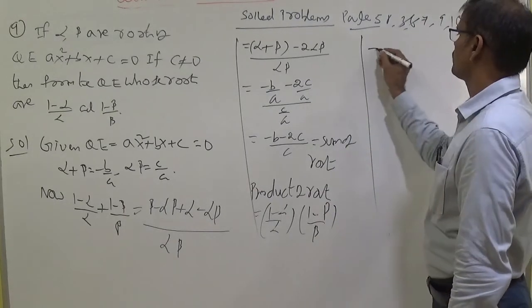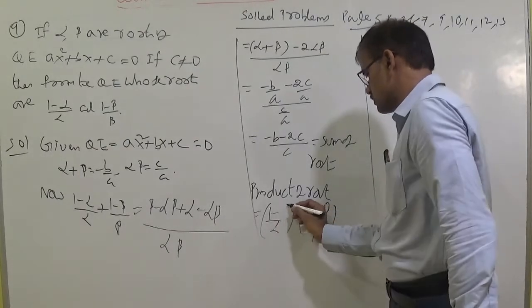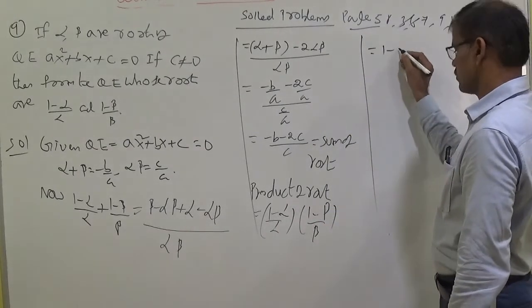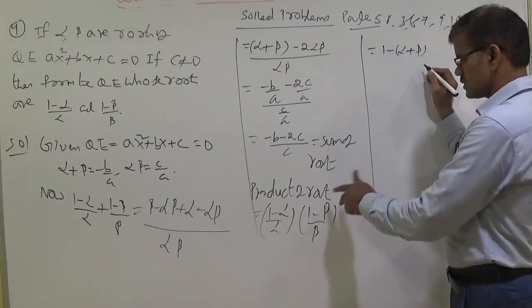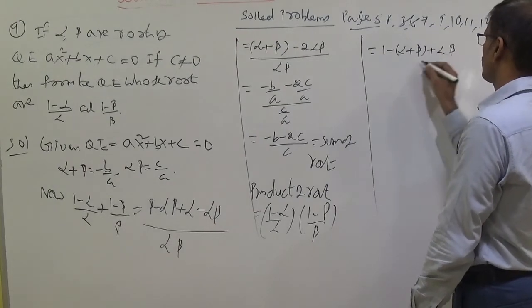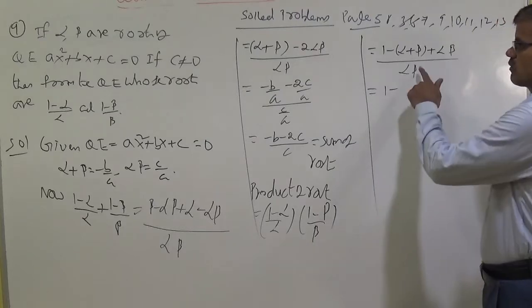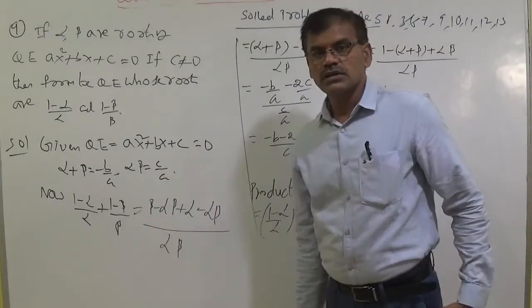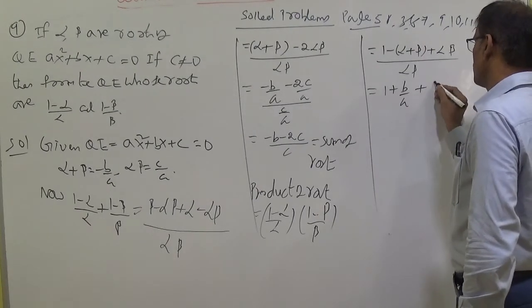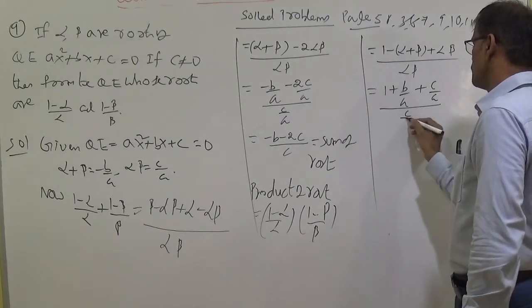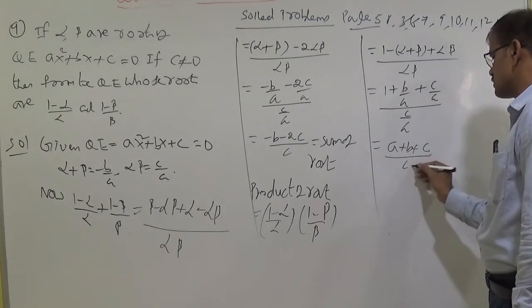Now you should multiply, simple multiplication: (1 minus alpha) into (1 minus beta), 1 ones are 1, 1 minus alpha minus beta plus alpha beta, whole by alpha beta. Here alpha plus beta becomes minus b by a, and minus of minus becomes plus, so this is 1 plus b by a plus c by a, whole by c by a. You can write this as a plus b plus c whole by c.